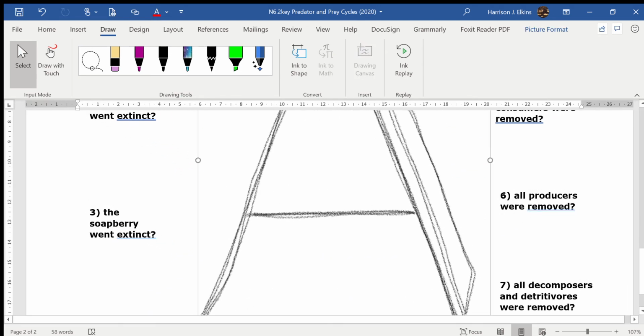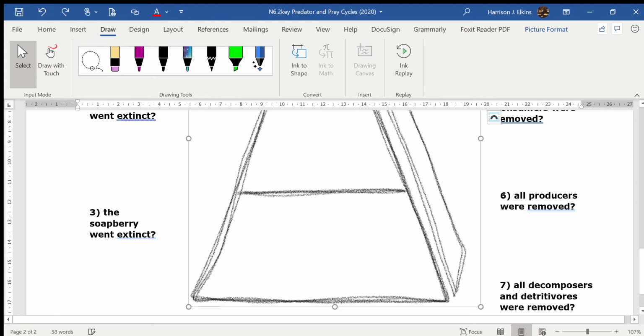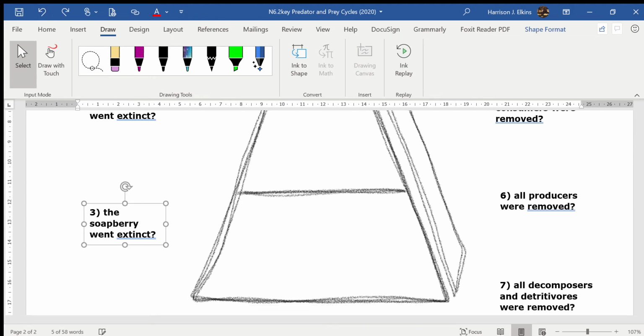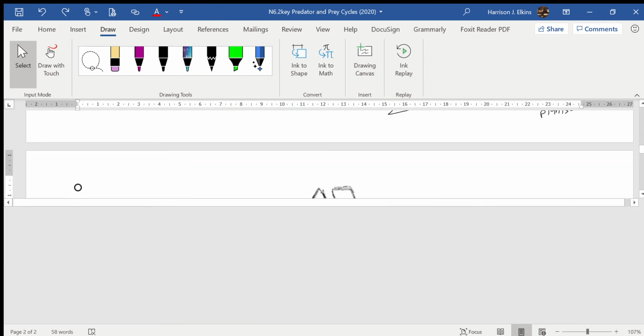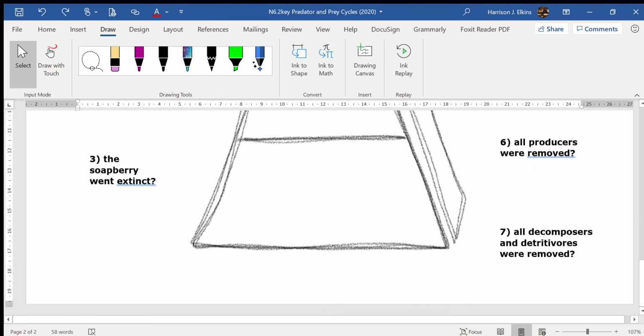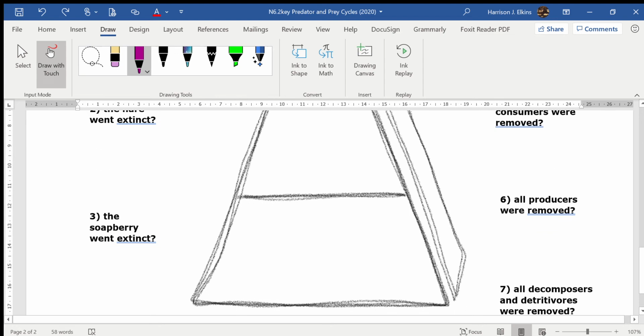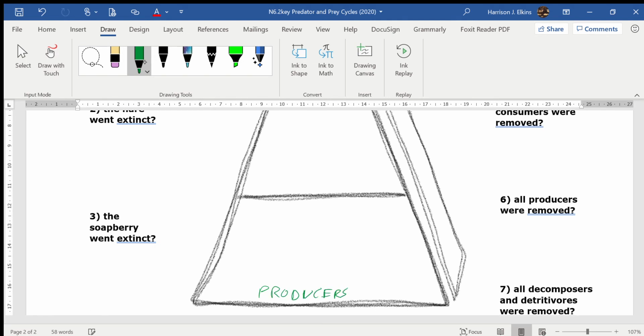And you saw the food web in the worksheet. Okay, so down here, what are these called? These are called the producers. Okay, they're all the autotrophs. And they do photosynthesis.